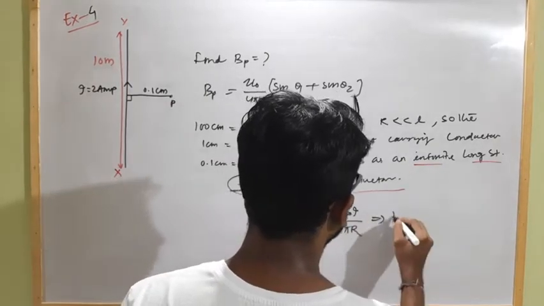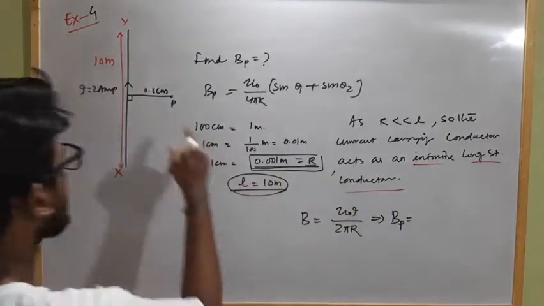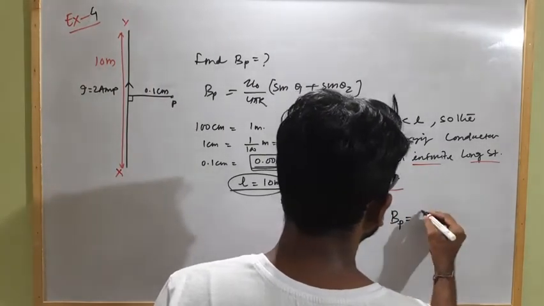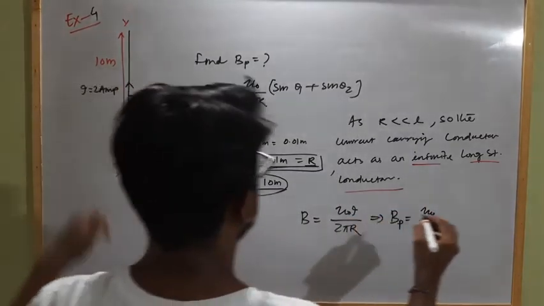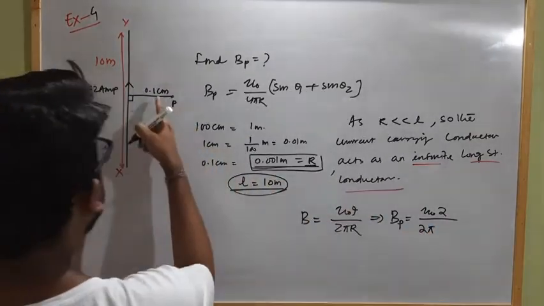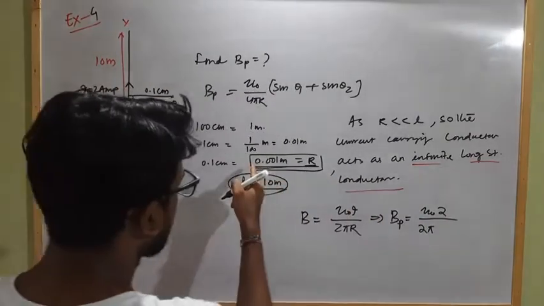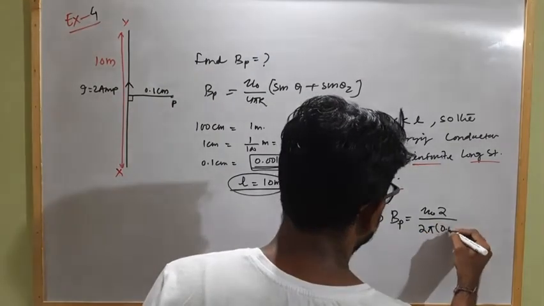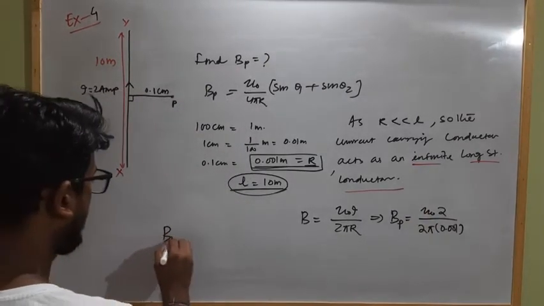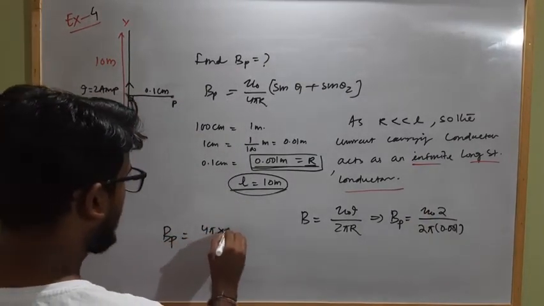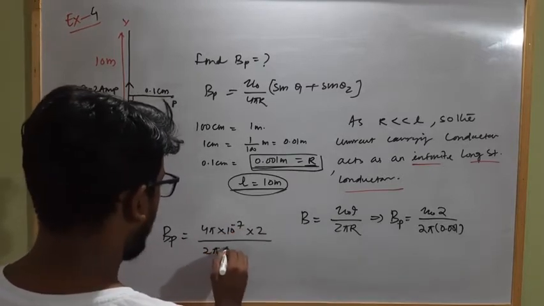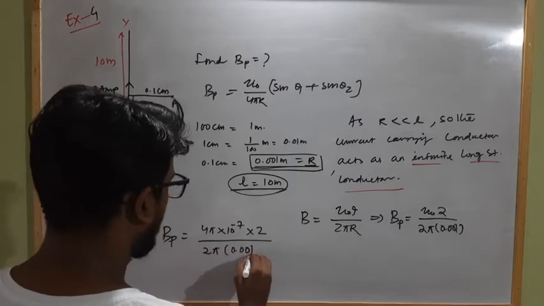So for this particular expression, magnetic field strength at point P will be mu naught into I. What is the value of I? 2 ampere divided by 2 pi into r. What is the value of r? 0.1 centimeter. In meter it will be 0.001. As we know, the value of mu naught is equal to 4 pi into 10 to the minus 7, into 2 divided by 2 pi into 0.001.